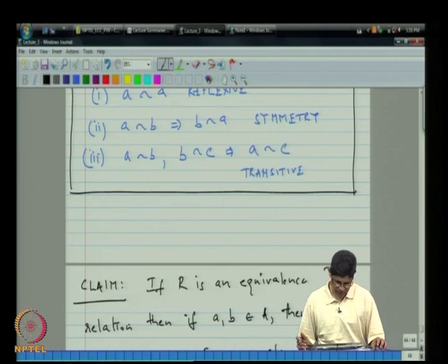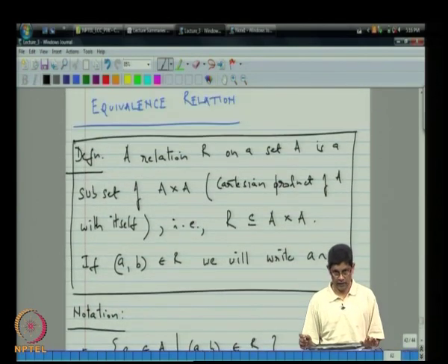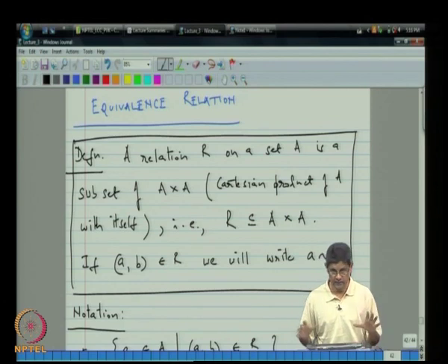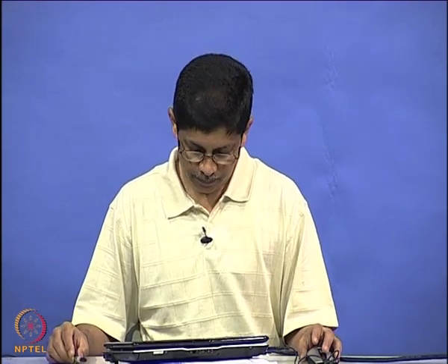Okay, so, let me just try to make the picture clear. We first defined a relation on a set A. We said a relation means a subset of A cross A. So, it is just pairs. We just pick certain pairs and say that they are related by relation R. However, when the relation has certain properties, namely that if A is related to B, then B is related to A, A must be related to itself, and if A and B are related, B and C are related, then A and C are related.